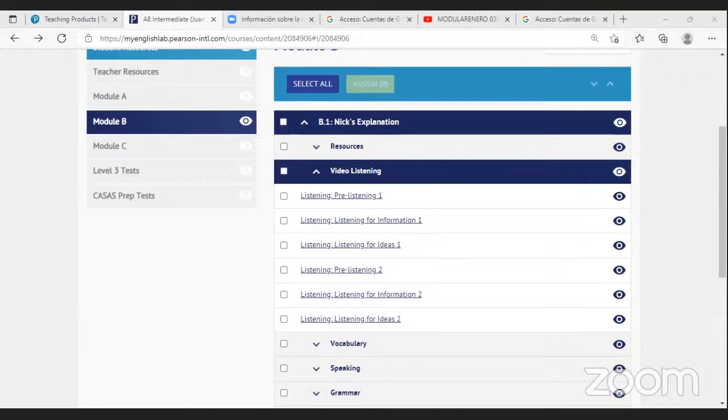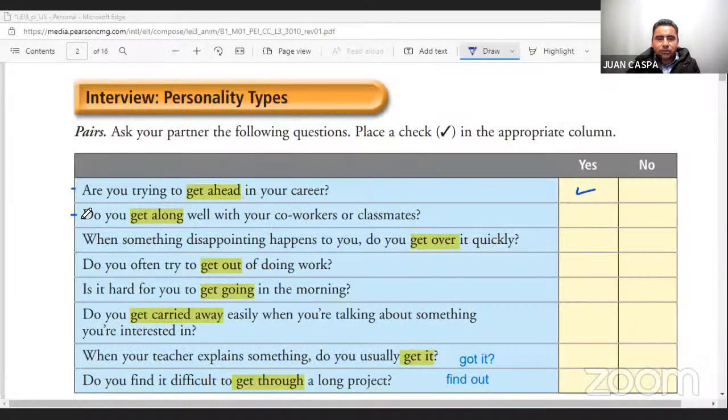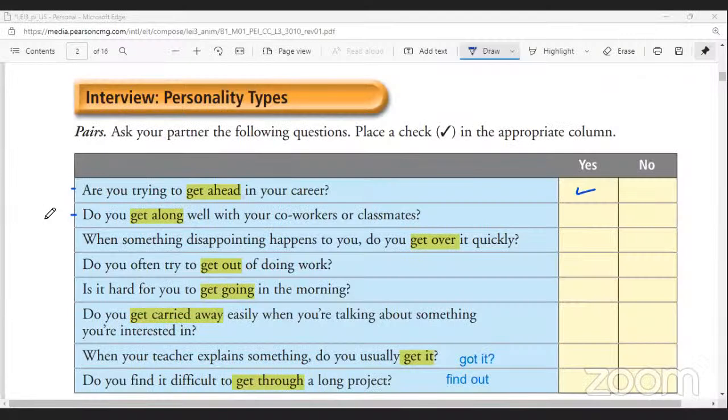Where is the question? Oh, wow. Sorry. Maybe I'm not sharing the right one. Over here. Now, can you see the question? The second one? Yeah, I can see. Roger, do you get along well with your co-workers or classmates?